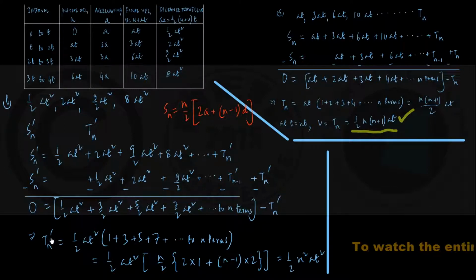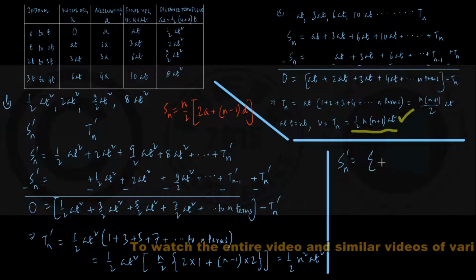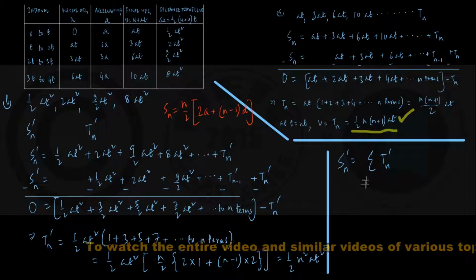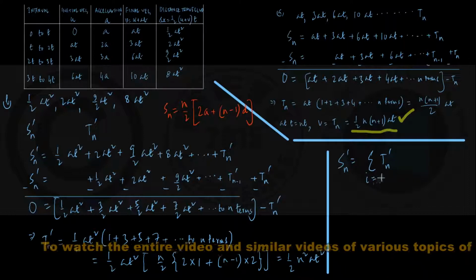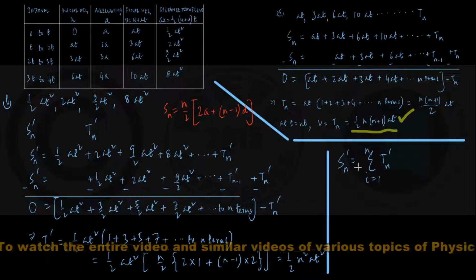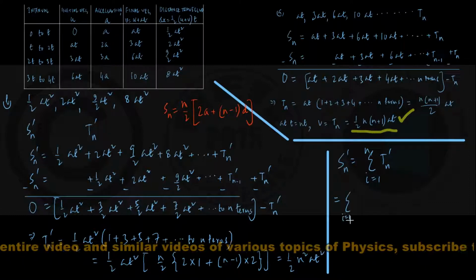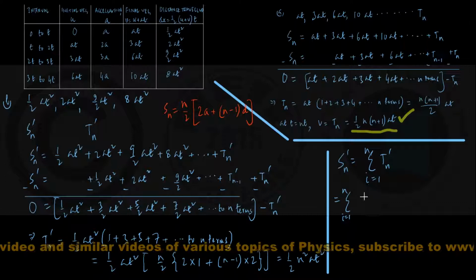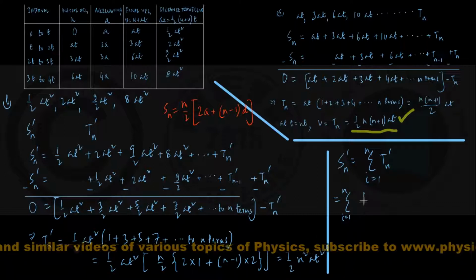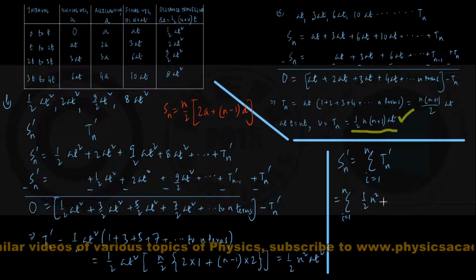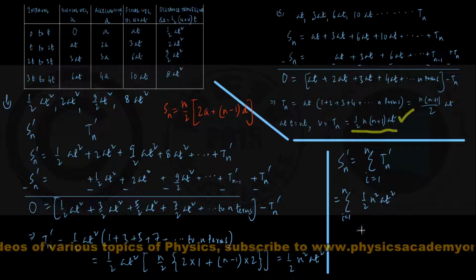So once we have got Tn dash to be half n square a t square, we might write down here the sum of the series Sn dash, that is given by sigma Tn dash, where the value of i is changing from 1 to n. Just now I got Tn dash to be half into n square a t square.